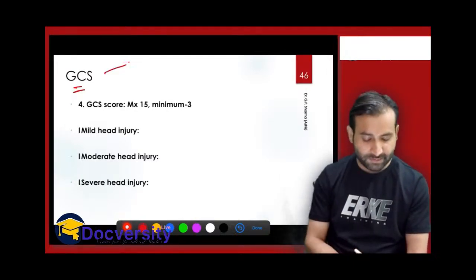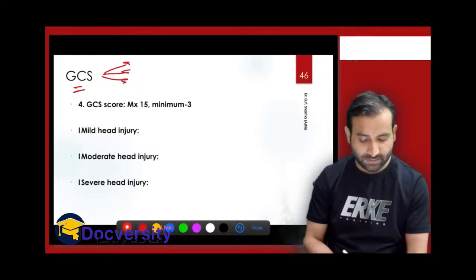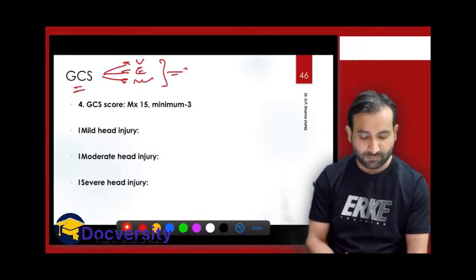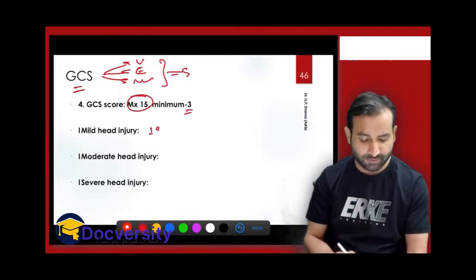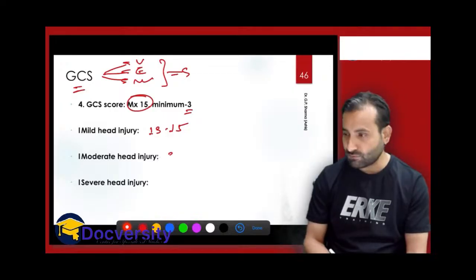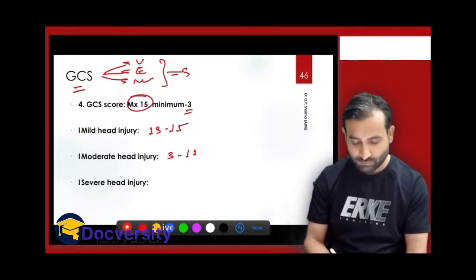And these are the GCS. Please calculate the GCS. GCS has 3 components, right? So you have to know these 3 components: the verbal, eye opening, and the motor response. The maximum score for the GCS is how much? 15, and minimum score is 3. If it is mild head injury, the score is 13 to 15, right? And if it is moderate head injury, then we say the score is how much? 9 to 12, sorry, I said 3 to 12.